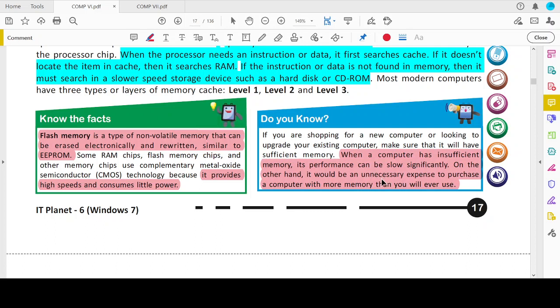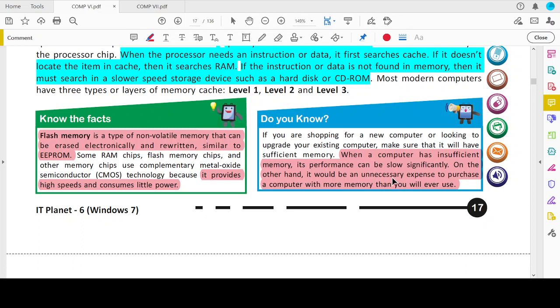So if you are purchasing a memory having huge capacity, you are paying a high price for it, but if you are never using that memory, the price you pay is totally a wastage, right? So pay for how much you require, because that kind of memory is very costly.